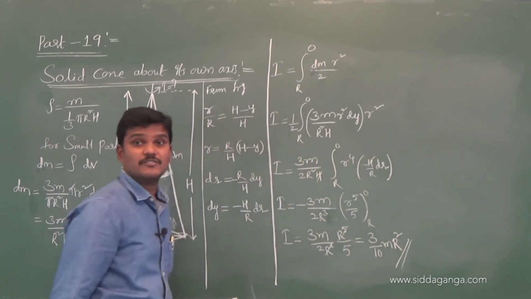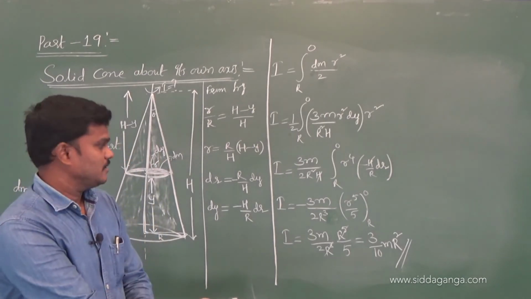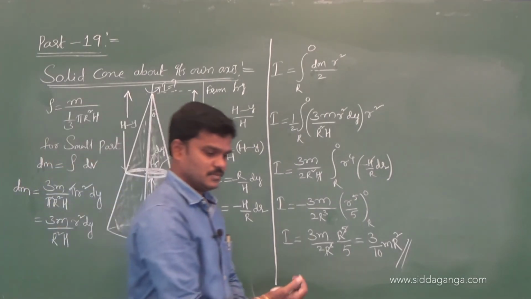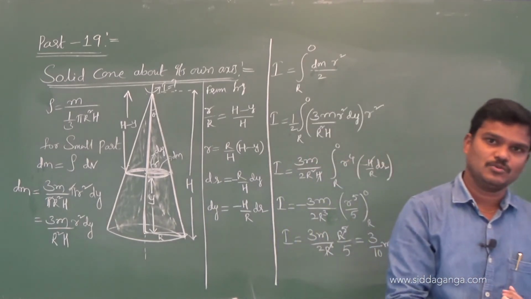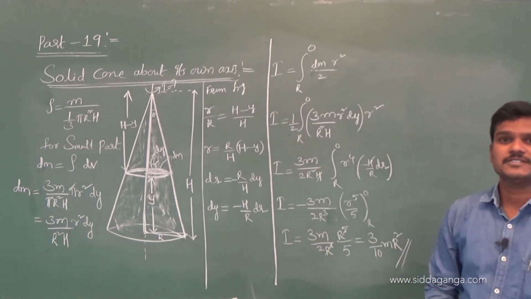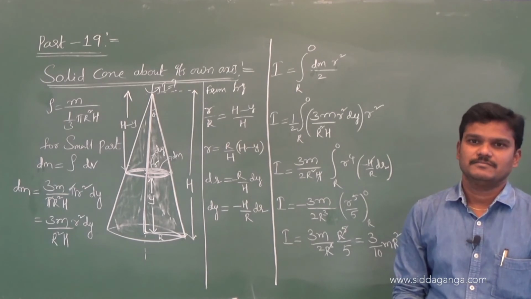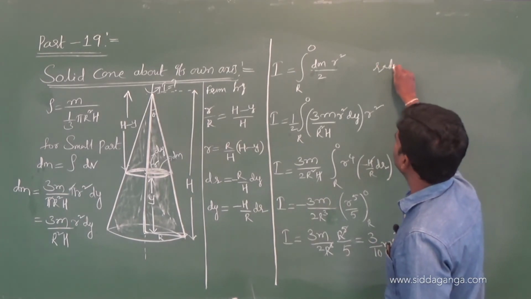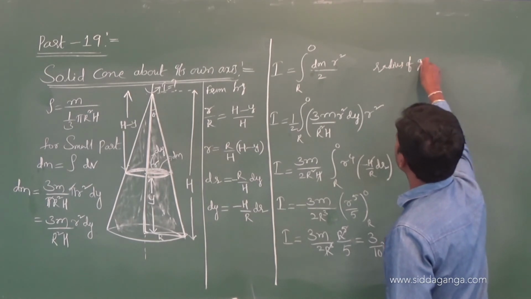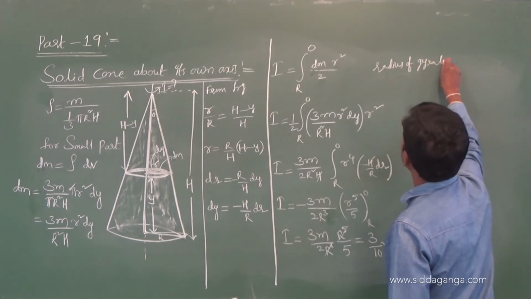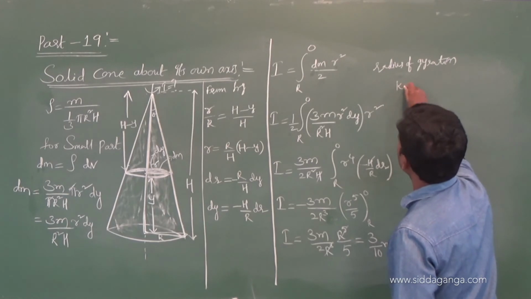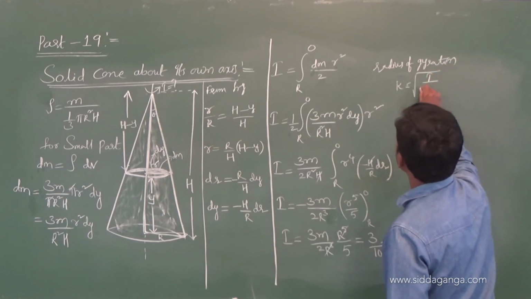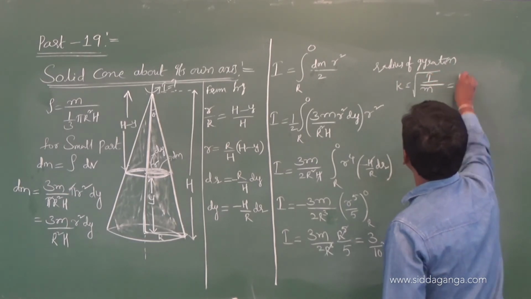See, this is the moment of inertia of what? Solid cone. Okay, moment of inertia of the solid cone. If they ask the radius of gyration, then how to find it? If they ask to find the radius of gyration of a solid cone, then I think you remember the formula, k is equal to root of I by m.